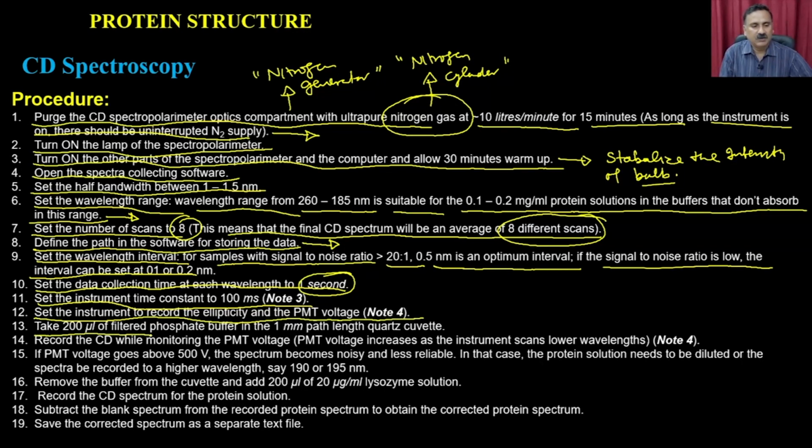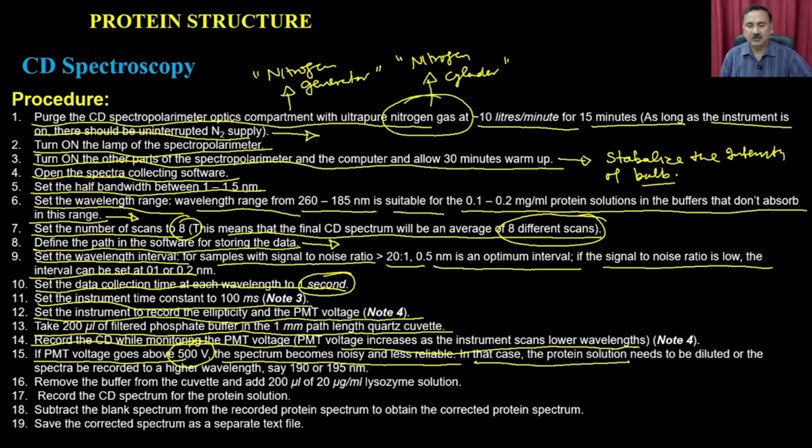Then you take 200 microliter of filtered phosphate buffer in the 1 millimeter path length quartz cuvette, right? Record the CD while monitoring the PMT voltage. PMT voltage increases as the instrument scans the lower wavelengths. If the PMT voltage goes above 500 volt, the spectrum becomes noisy and less reliable.